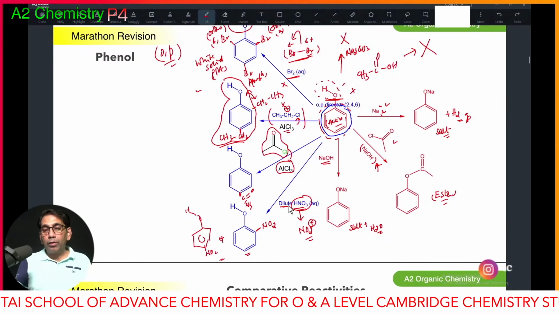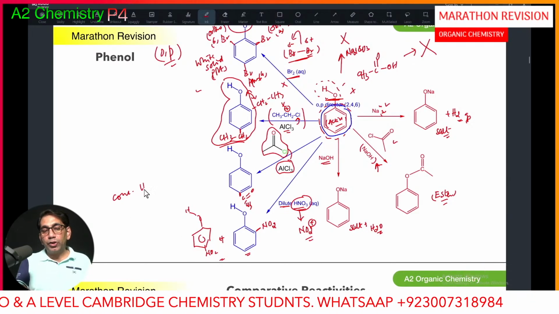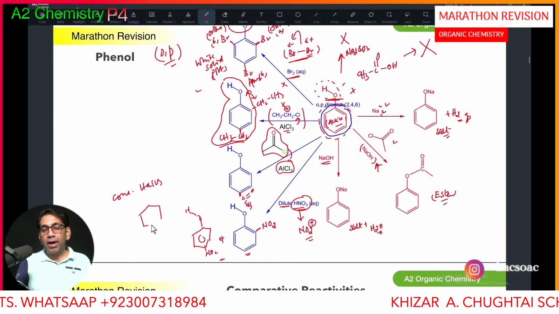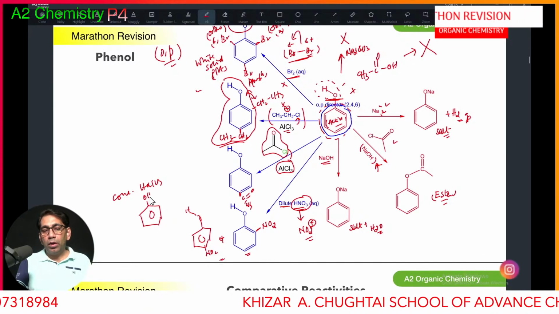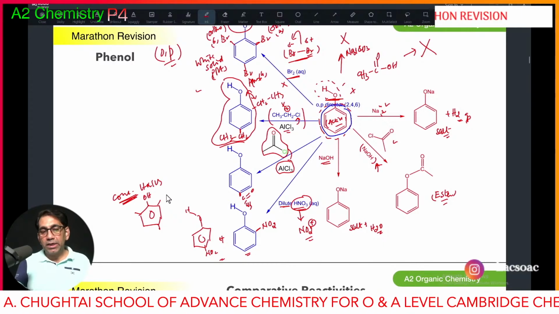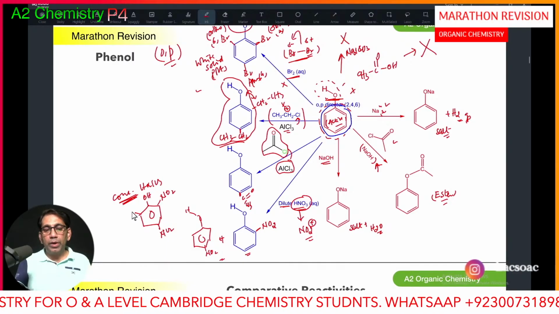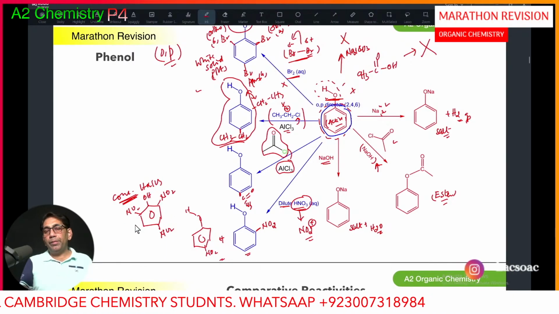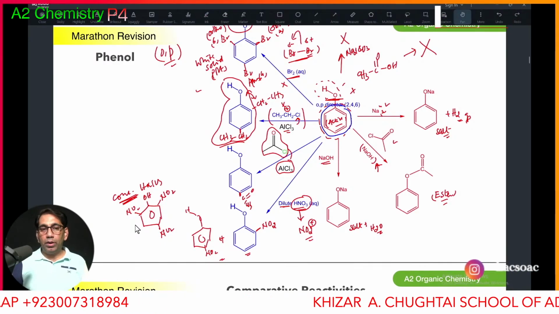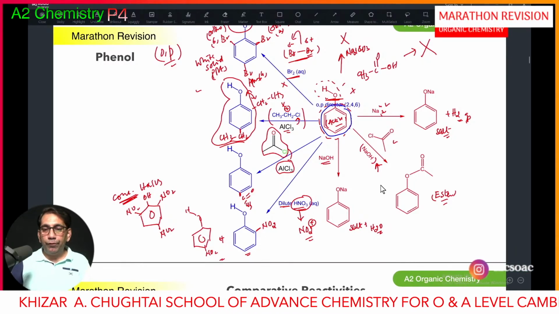But in case of concentrated HNO3, there will be the formation of trinitrophenol. There will be 3 nitro groups. So in this case, basically, there is multi-nitration on the phenol. These are the major reactions of phenol.